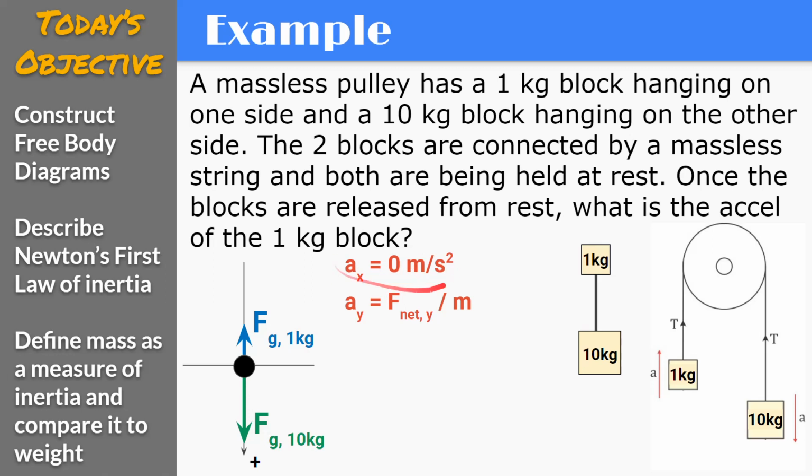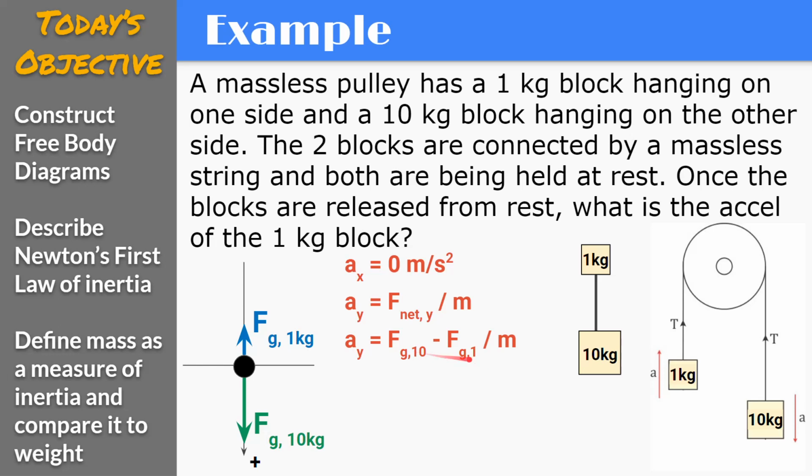In the x direction, I don't have any acceleration because I don't have any net force. In the y direction, I do, and so here's my y equation. a in the y direction equals F net y over m. F net y, again, is the sum of my forces, Fg, which I called the positive direction, and then that means this is negative, minus Fg for the 1 kilogram mass.